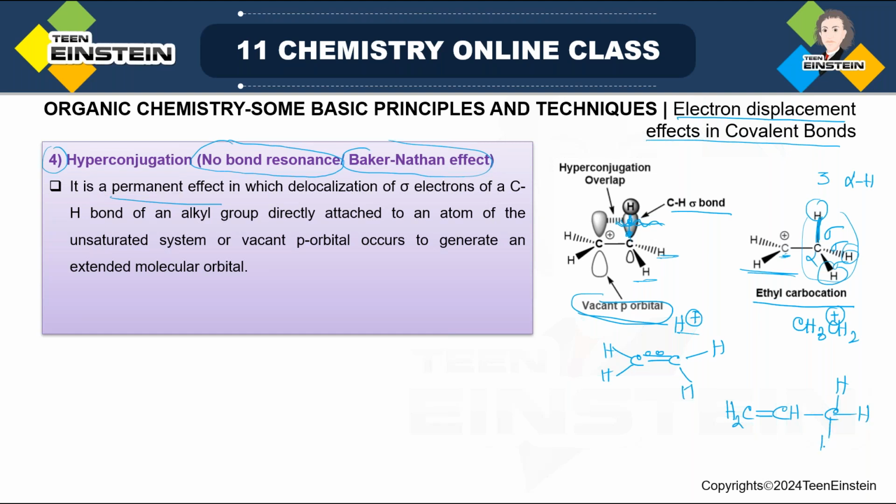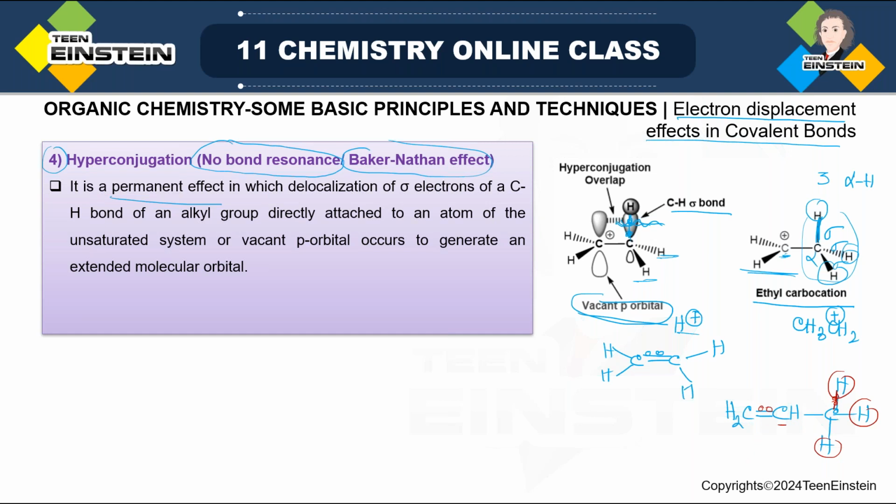Now this CH3, the 3 hydrogens that you are seeing here, all these are alpha hydrogens with respect to this carbon, right? Now these electrons can also interact with these pi electrons, okay?